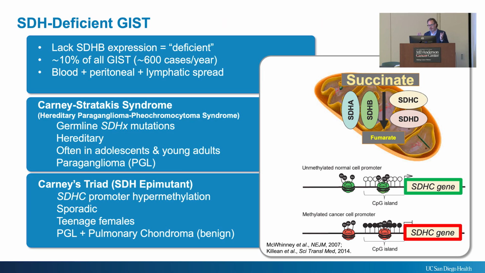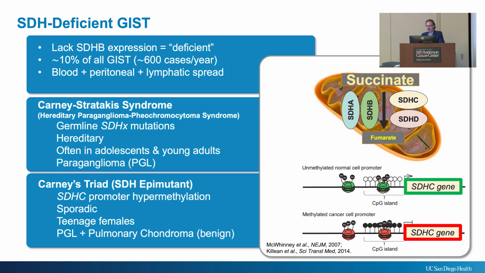So now I'm going to focus on the SDH-deficient GIST, and for the majority of the rest of the talk I'm really going to focus on these, because that's where in the last several years, we've made a lot of progress in the field. So by way of a little bit of background, the SDH ones are described as SDH deficient because, as Dr. Lazar explained to you earlier, they lack expression of that SDHB staining.